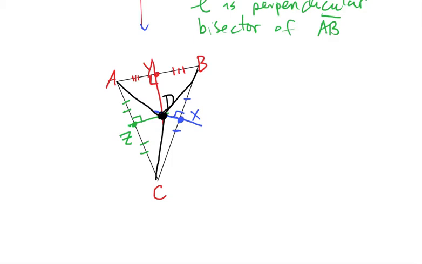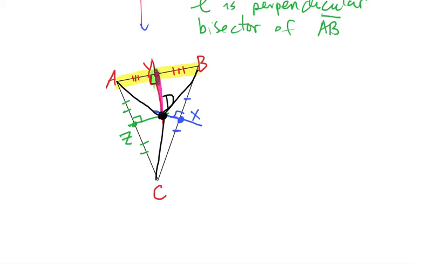Well, let's compare triangle AYD and triangle BYD. It's pretty straightforward that those two triangles are congruent, because you have one pair of sides right here, you have the 90-degree angle in the middle, and then you have a reflexive side down the middle.